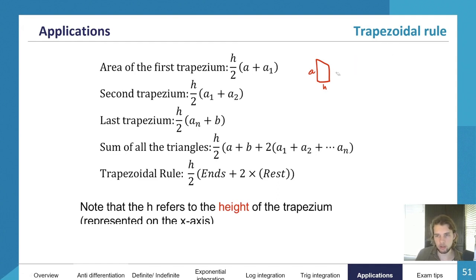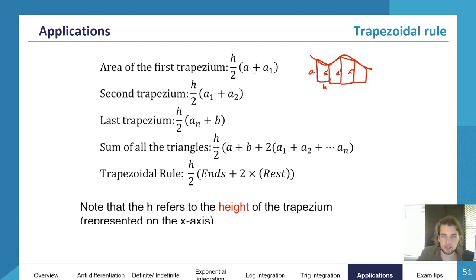So if we have our trapezoidal rule representing a line, there'll be a set of sequential trapeziums that might represent a curve. So then A1, and then there'll be A prime, and then A double prime, then A triple prime. Those represent subsequent heights of the following lines.